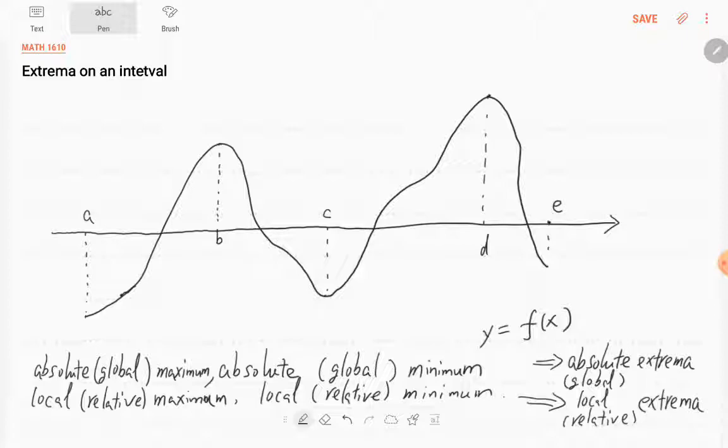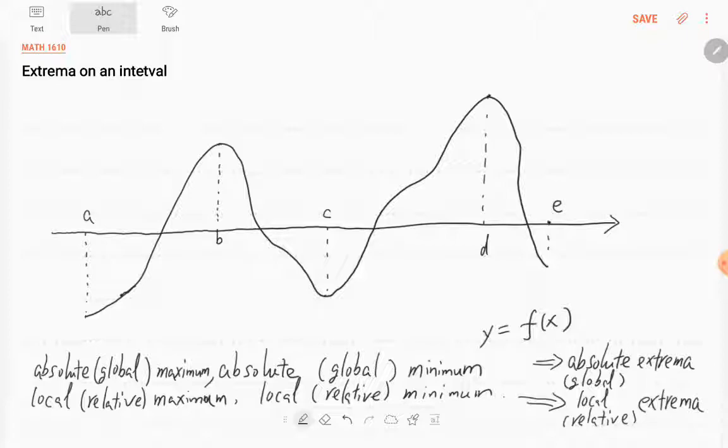Local or relative maximum means that nearby the point, it is the largest value. The local or relative minimum means nearby that point, it is the smallest value. Both are called local or relative extrema.